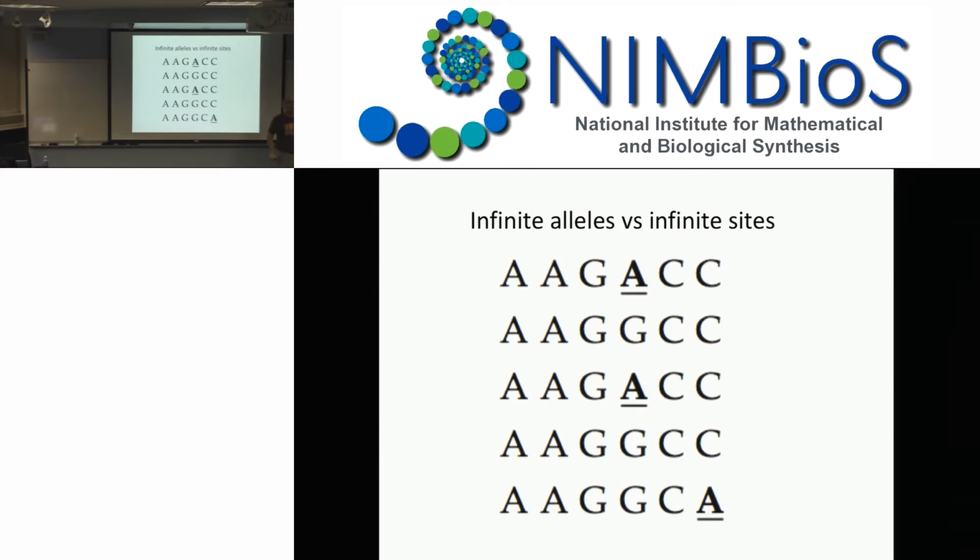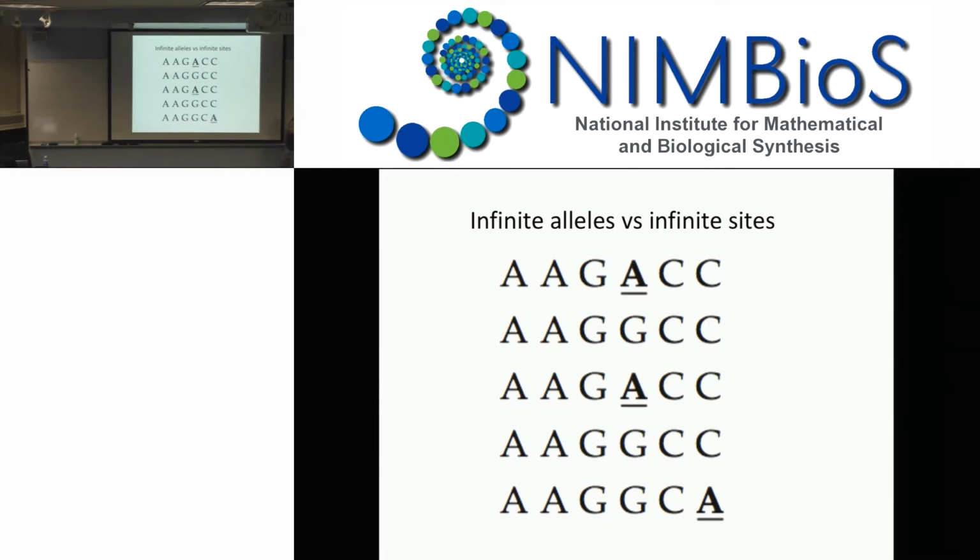Key point number one is that most of the features can be described by this parameter theta, which is 4 times the population size times the mutation rate. If I'm looking at a haplotype, the mutation rate is for this entire sequence. If I'm looking at a site, the mutation rate is for each individual site.